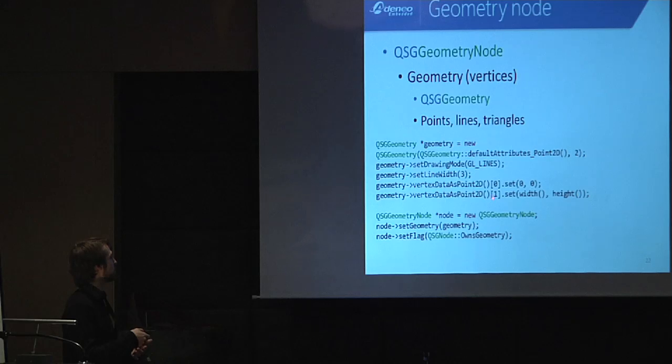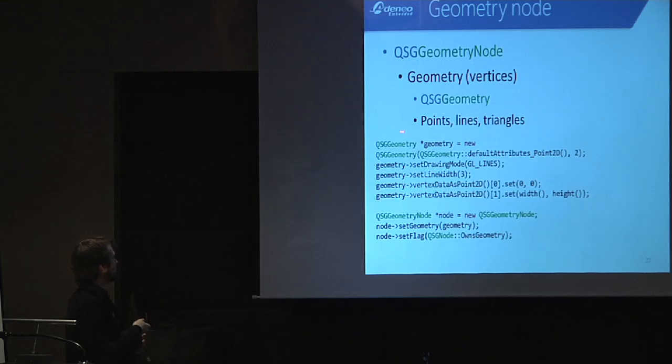So here what we do is really creating vertices. So here we create one vertex at 0, 0 position. Actually, that's easier because we use 2D points, so Qt internally can convert these into 3D points. We create a first point at 0, 0 and another at the width and height, so that's like you have a rectangle and you will have a line from the top left to the bottom right.